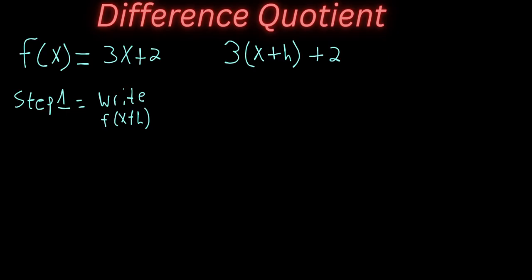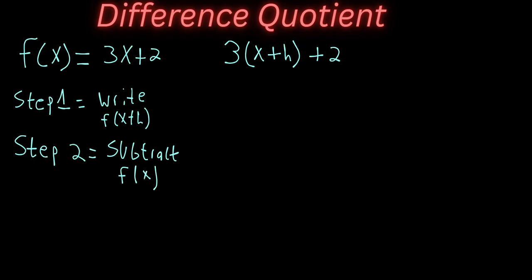Okay, now our step 2 is going to be to subtract f of x. So we're going to subtract f of x, which in this case is the whole of this, we're going to subtract 3x plus 2. We distribute this negative sign, and let's go ahead and distribute the 3 onto each of these.